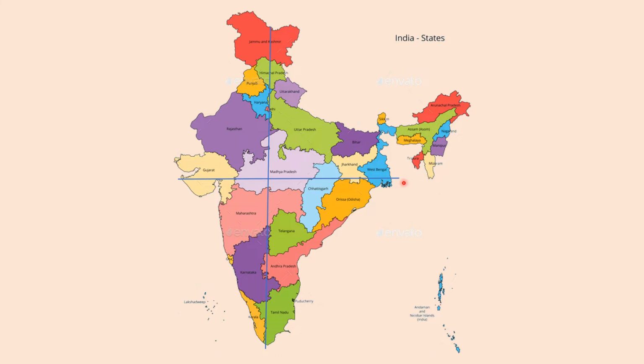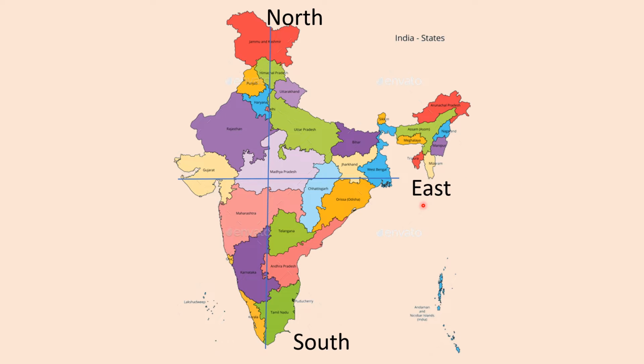As I explained earlier, the one that is on top here is north. So all these places that come up here above this blue line are north. And the places that come below this line are the south. Now south is, from here onwards, all south.